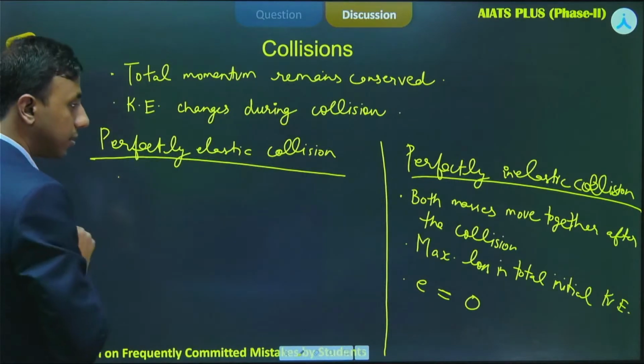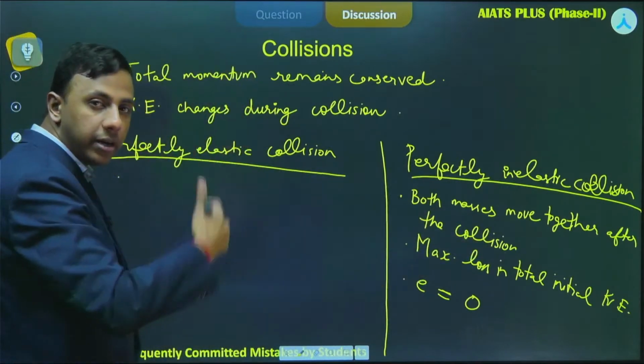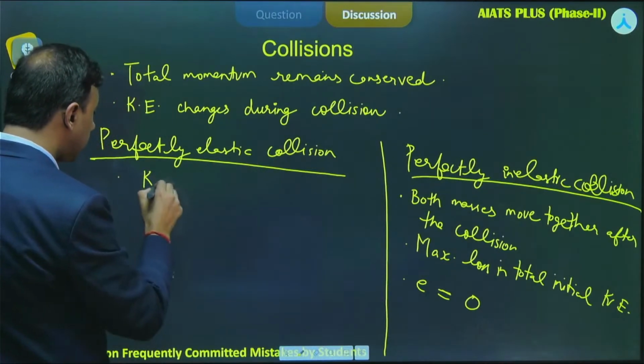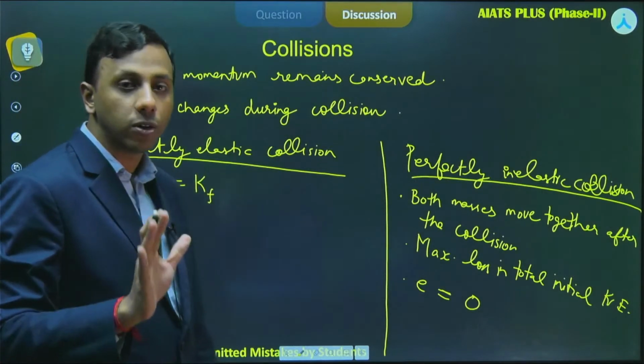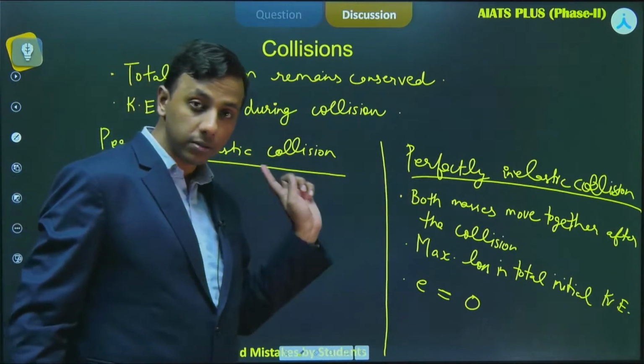What about the elastic case? Here there won't be loss. So initial kinetic energy is equal to final kinetic energy. There is no loss of kinetic energy, and obviously momentum will remain conserved for both collisions.